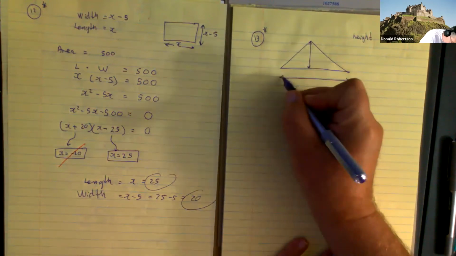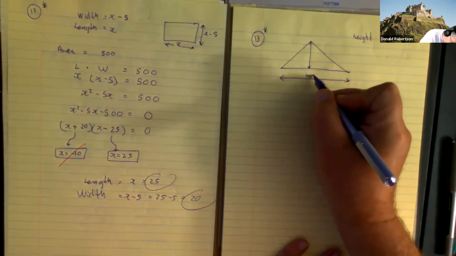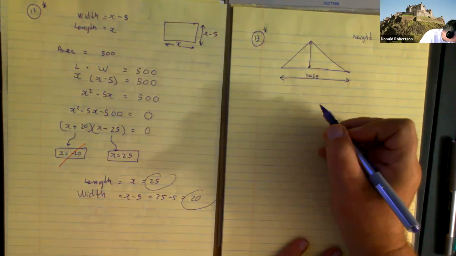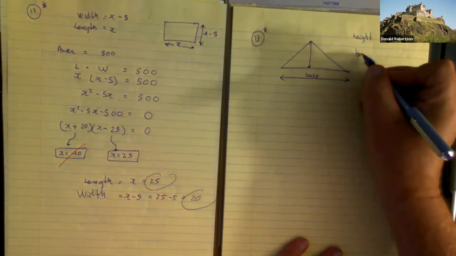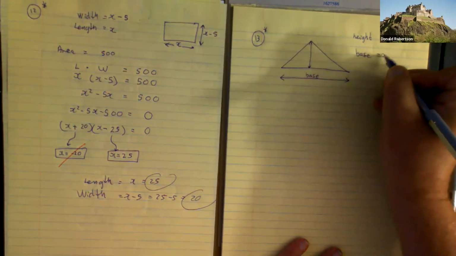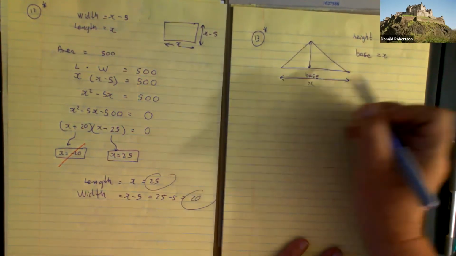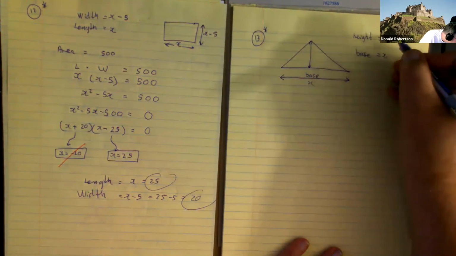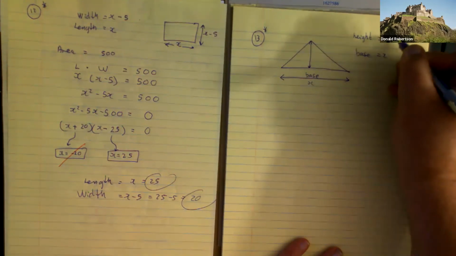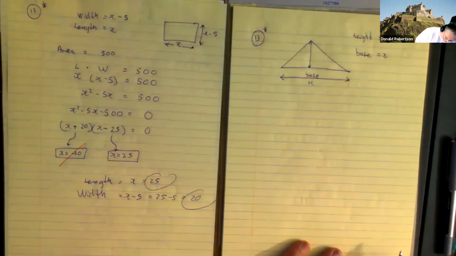Right, this is the base. So if I make the base x, the height of the triangle is 4 more than twice x.